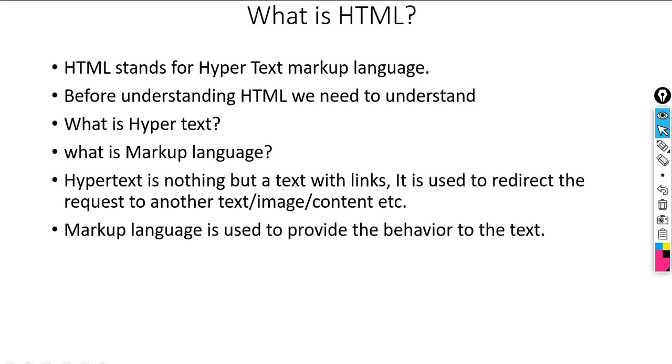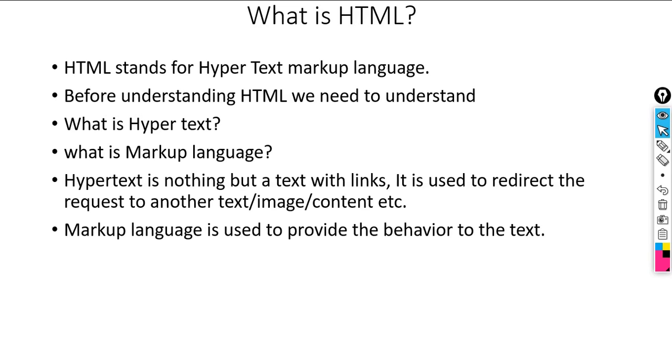Here we have learned markup language is used to provide behavior to the text, and hypertext is nothing but text with links, which is used to redirect the request to another text, image or content.